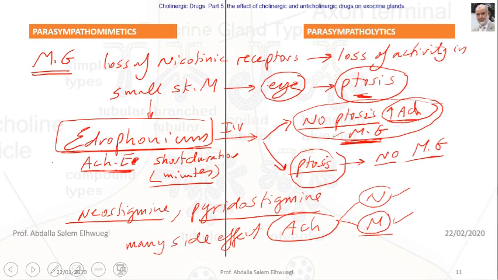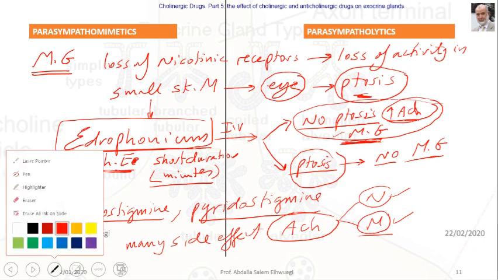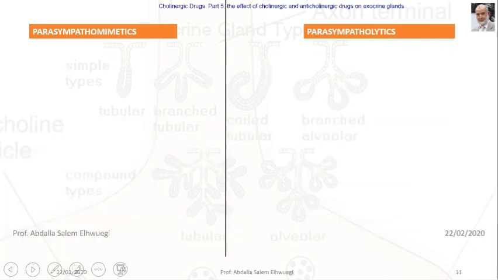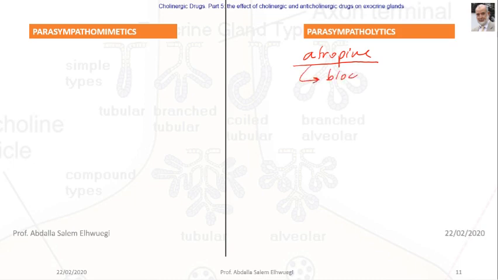On the other hand, the anticholinergics or atropine-like drugs have no role in myasthenia gravis, except that some of them are not very selective. They are not very selective in blocking muscarinic receptor.